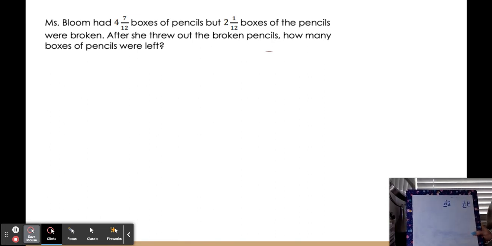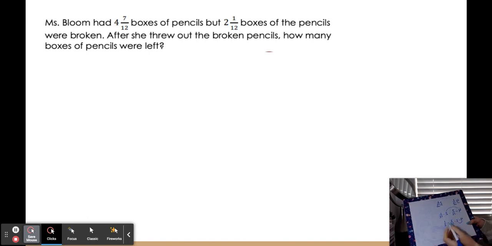So she threw out the broken pencils, which means we need to subtract. So in order to make this a little easier for us to subtract, we can go ahead and write our 4 and 7 over 12 minus our 2 and 1 over 12. And to condense that just a little bit, we can put our whole numbers here and then subtract the fractions right next to it.